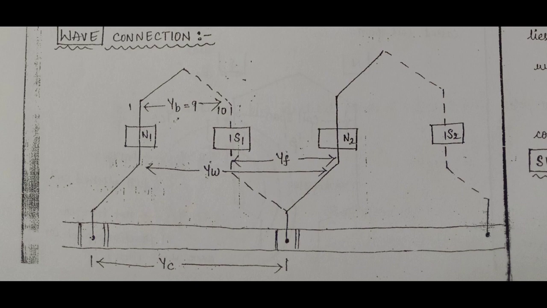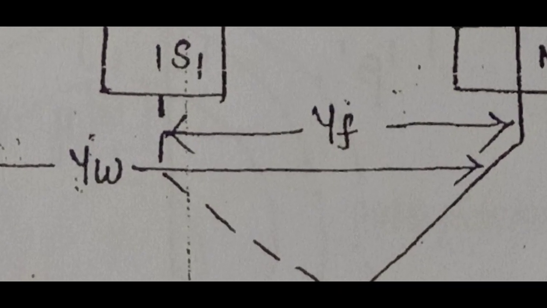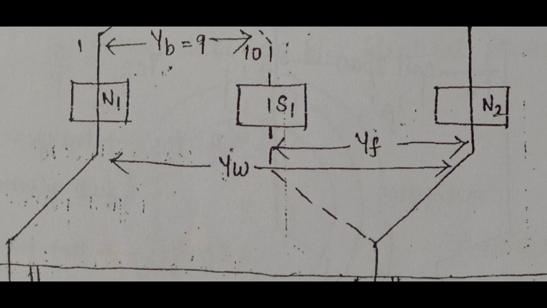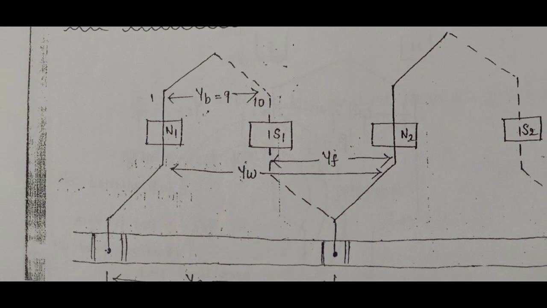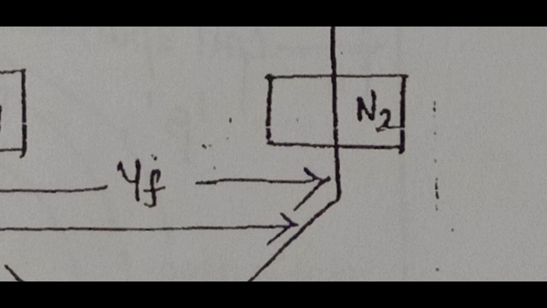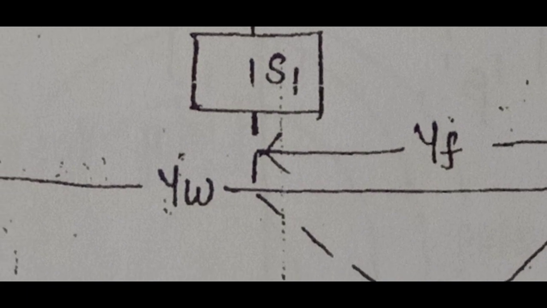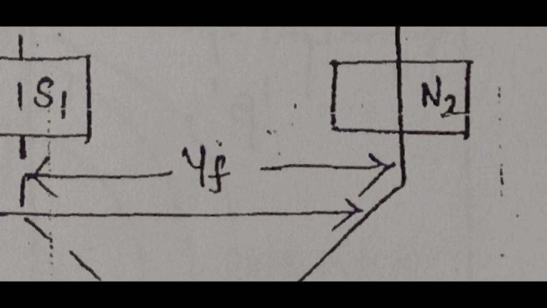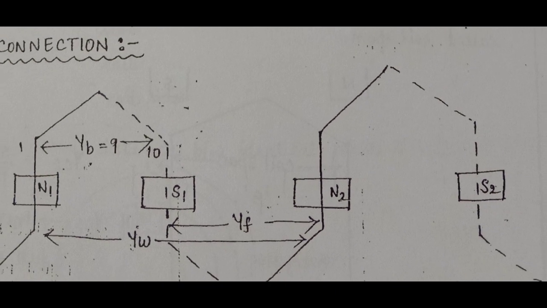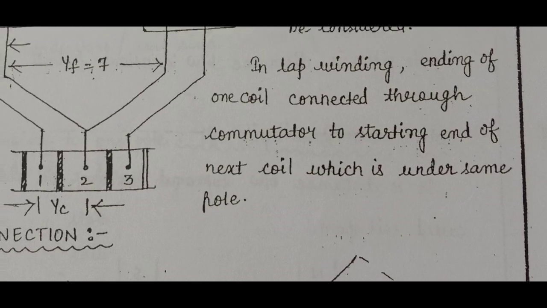Again I am repeating, the ending end of the first coil, which is under the S1 pole, is connected to the beginning end of the next coil, which is under N2. The ending end of the first coil is connected to the beginning end of the second coil through the commutator under adjacent poles.